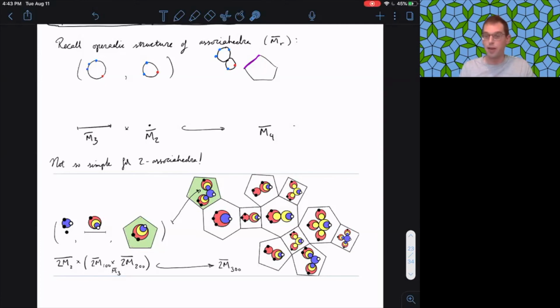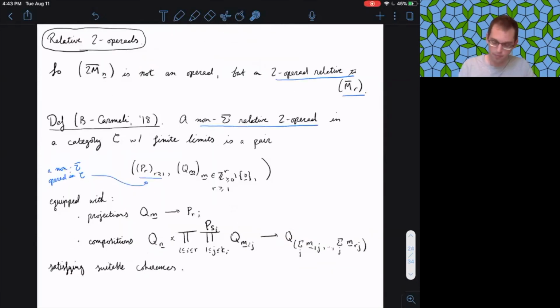And something that we found out after that is that one can interpret this in terms of Michael Batanin's theory of higher operads. And I'll come back to that in a minute. So what we're going to do is we're going to say that the 2-associahedra don't form an operad, but they form a quote unquote 2-operad relative to the operad of associahedra.